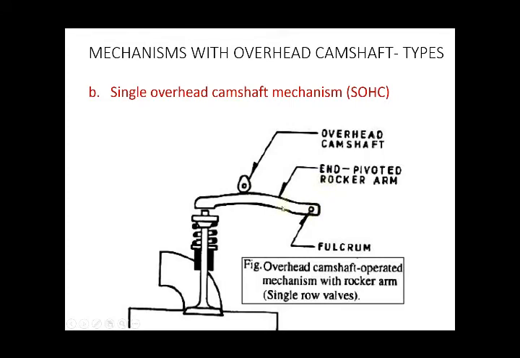It is end pivoted. The pivot is not at the middle, it is at the end. So when the cam lobe exerts pressure at this tip, and since this end is pin jointed, this end will be pushed downwards and it will open up the valve. So that is the single overhead camshaft mechanism with a fulcrum lever.